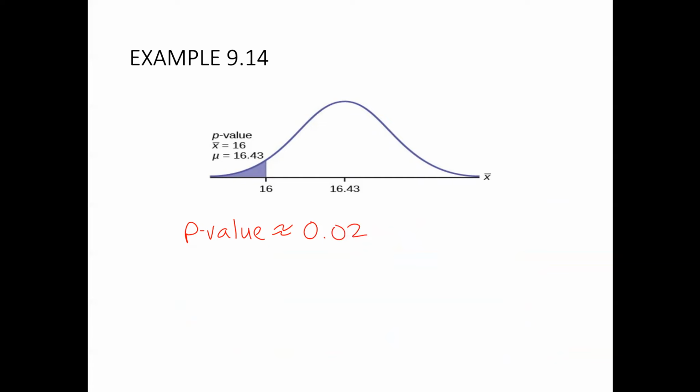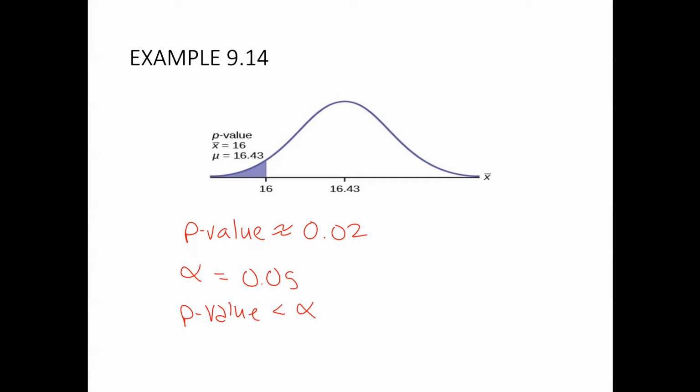Now we're going to compare the p-value that we calculated with our preconceived preset alpha. And what did we set our alpha to be? 0.05, which is typical. If it's not stated in the problem, then that's what we're going to use. The p-value, 0.02, is less than 0.05.